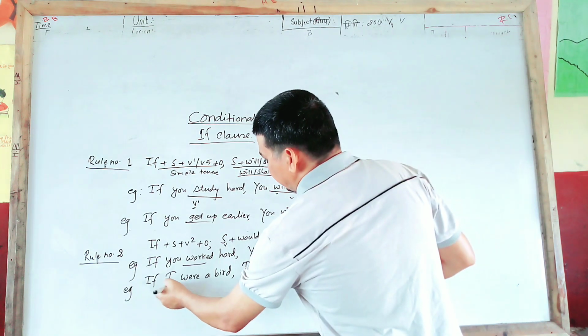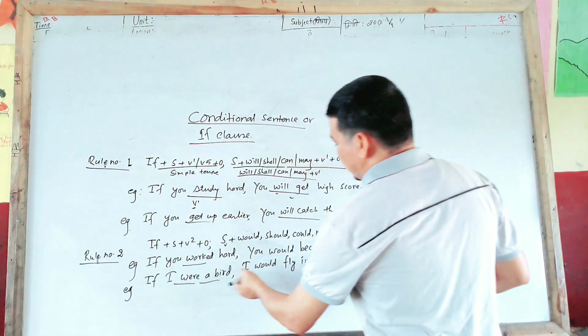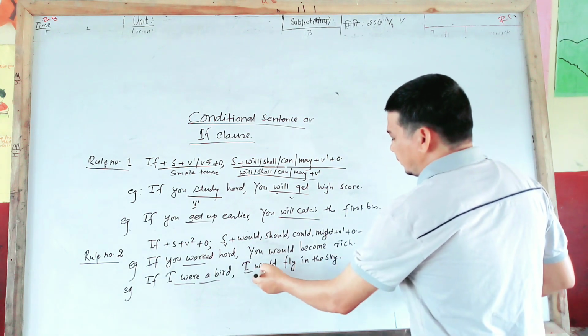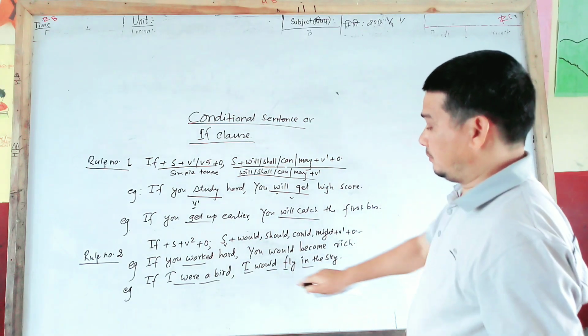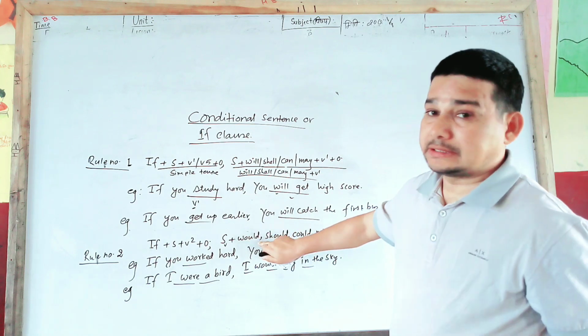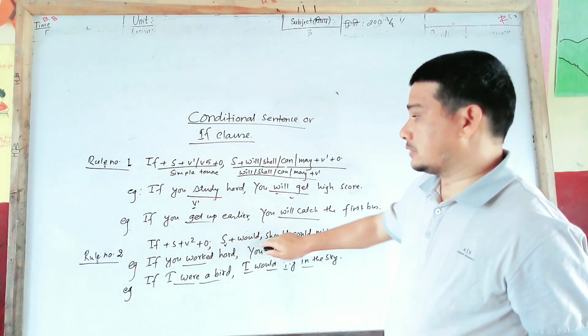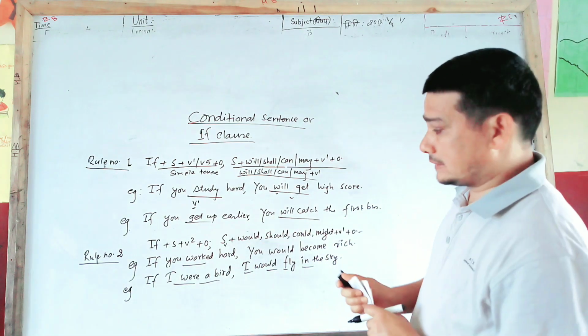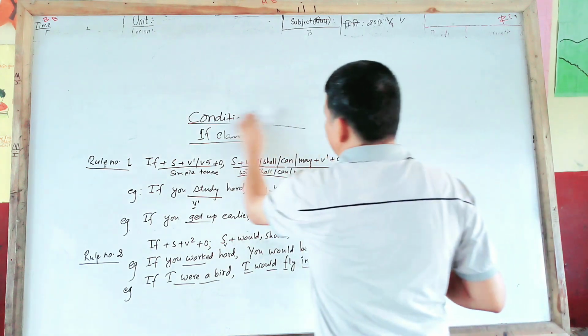So if plus v2 and would plus v1. So this is changed into would plus v1 as I already mentioned to you in the structure. Okay. Now let's come to our last rule.